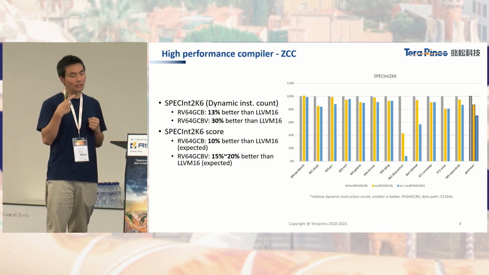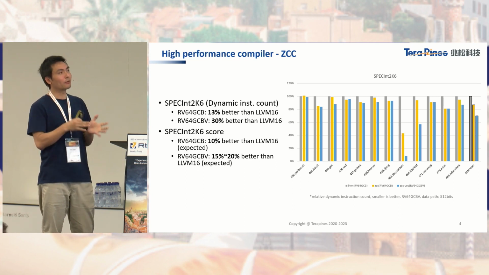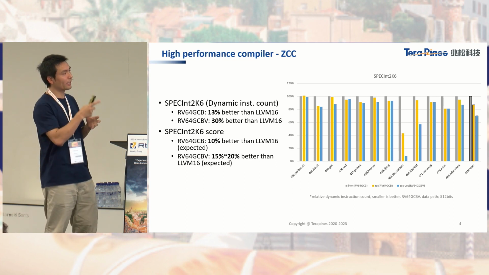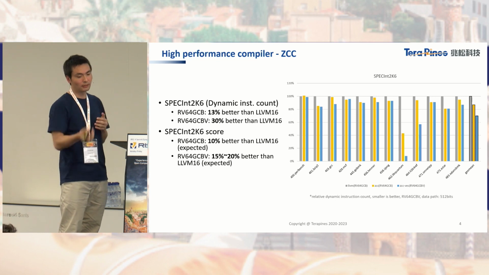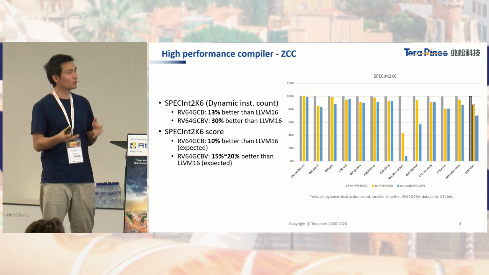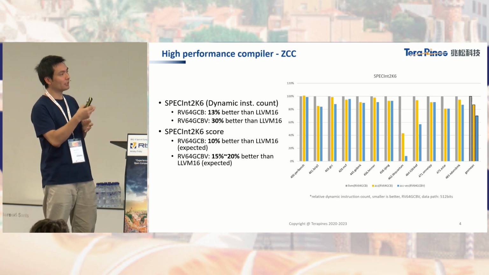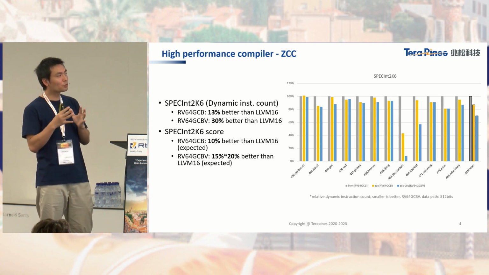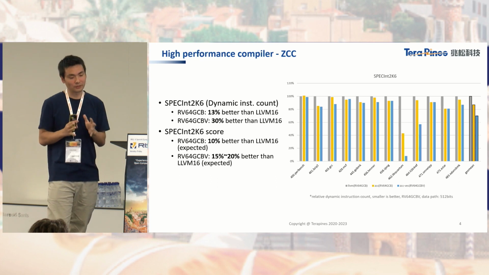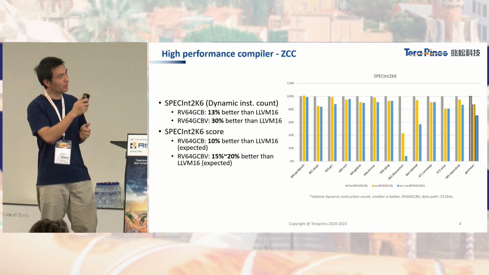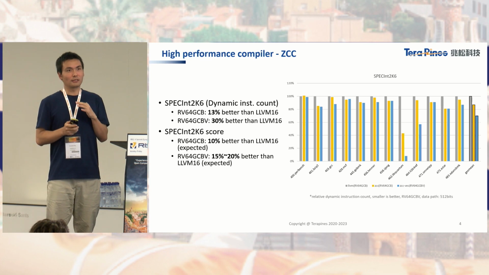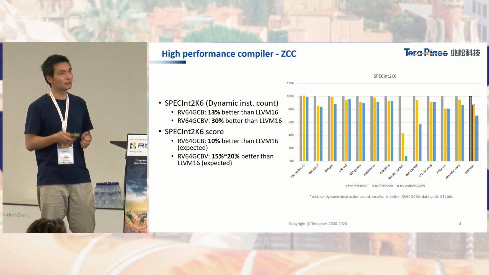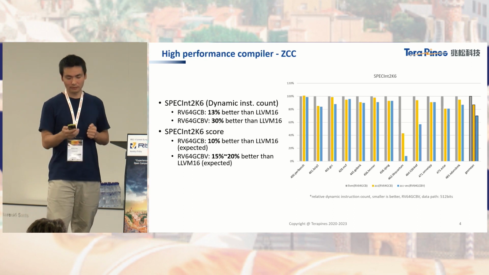Based on our experiments with our partner on their evaluation board, we expect a cycle count performance improvement of roughly 15 to 20% with auto-vectorization. The projection is based on the auto-vectorization we have done for RISC-V vector 0.71.